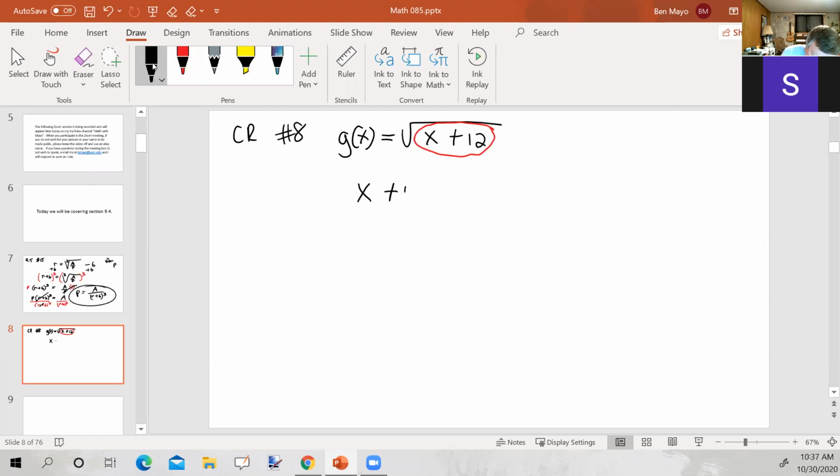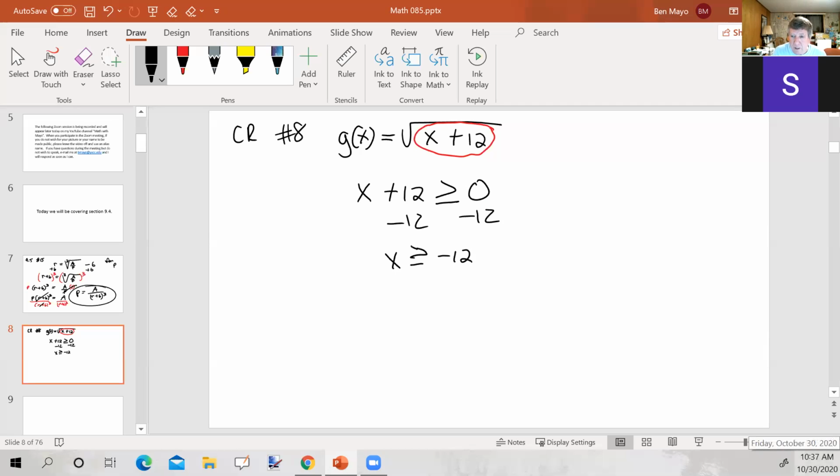Therefore, this quantity either has to be positive, that is greater than 0, or it could equal 0. So basically, we're taking the entire radicand, and since it's an even root, we're going to set it greater than or equal to 0. Then we're going to solve this inequality by subtracting 12 from both sides of the inequality.